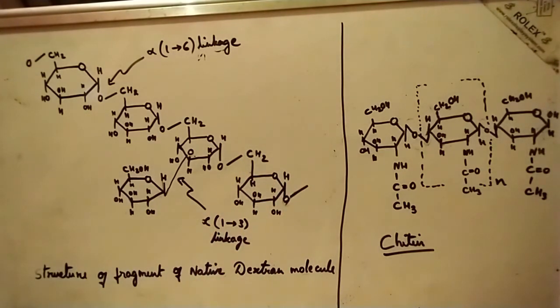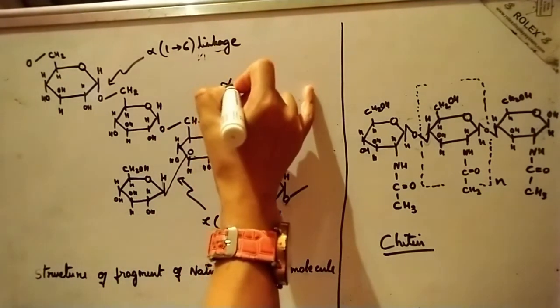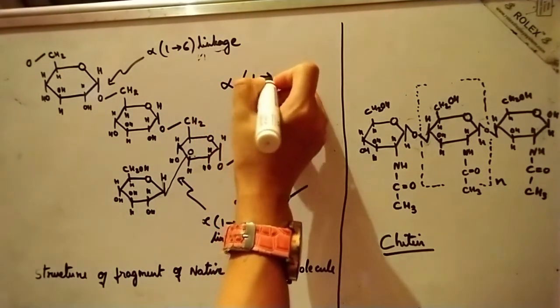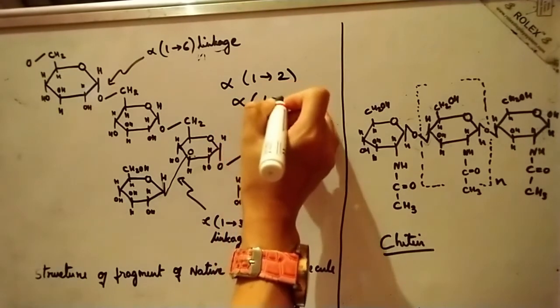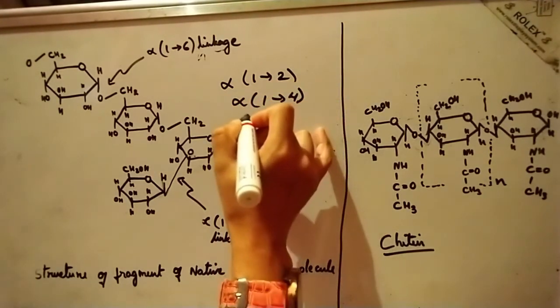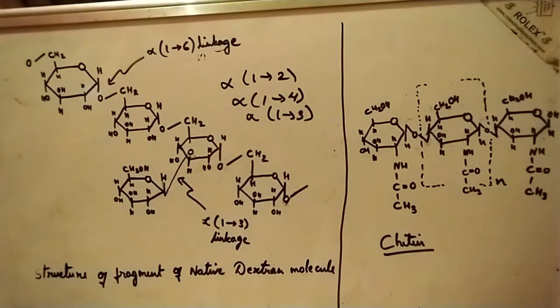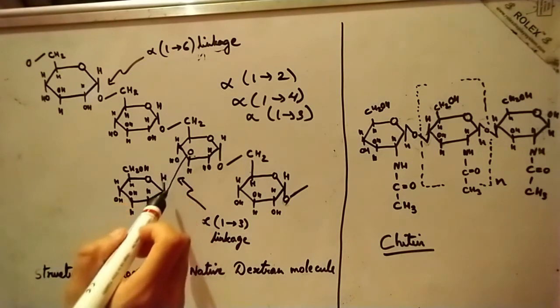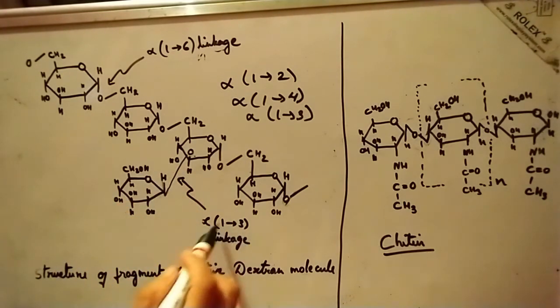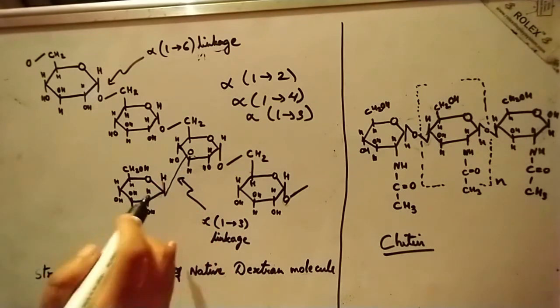And the branches here do not have any specific linkage; any of the alpha 1,2, alpha 1,4, or alpha 1,3 linkages may be utilized. As you can see here, in this case the alpha 1,3 linkage also occurs.